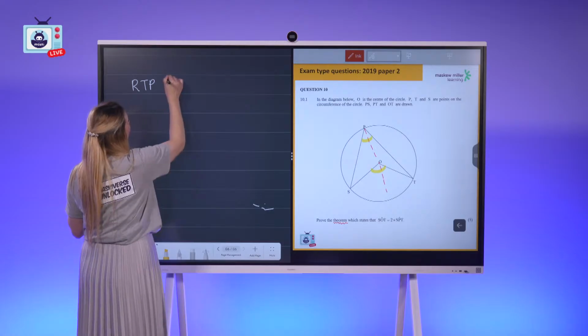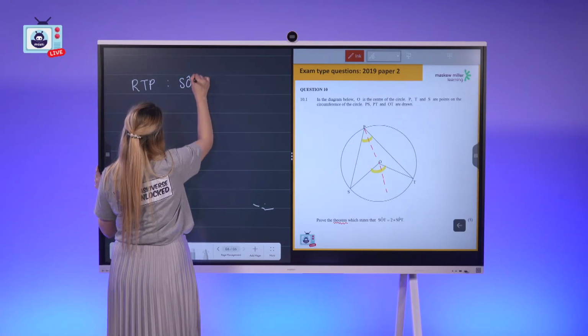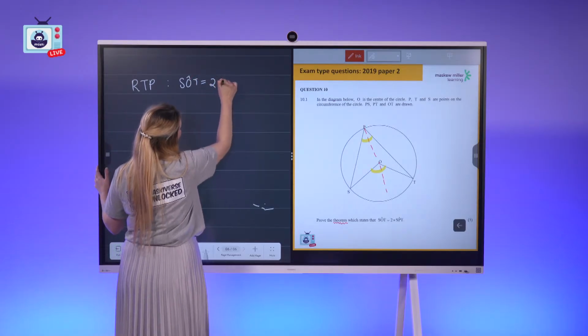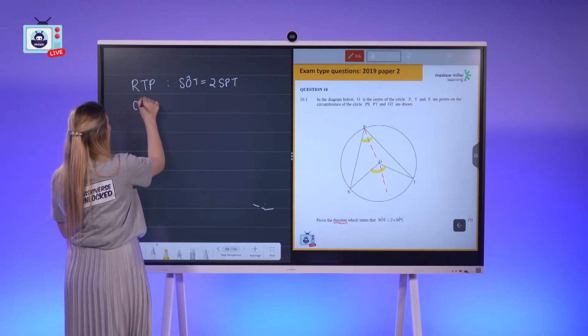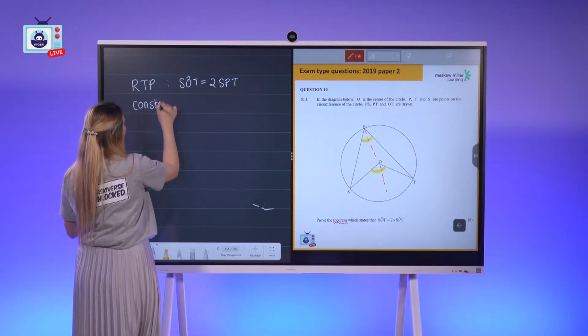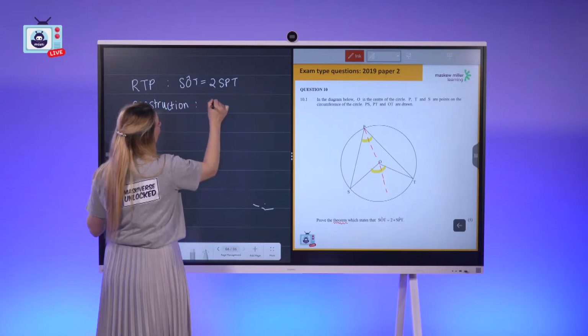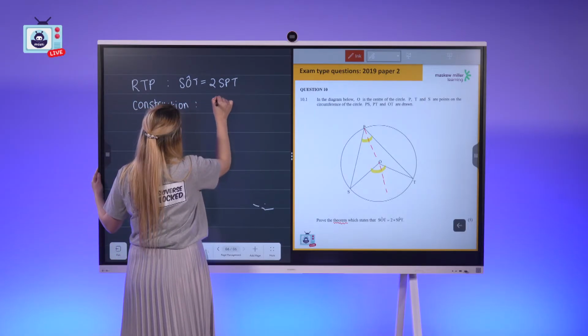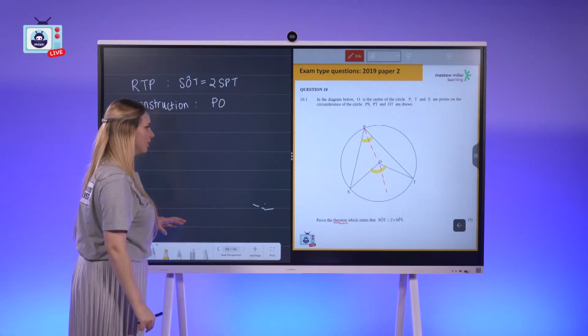They're asking us to prove that SOT is equal to 2 times SPT. The next thing I do is tell my examiner what construction I am making: I'm joining the line PO. That's the construction I have made.